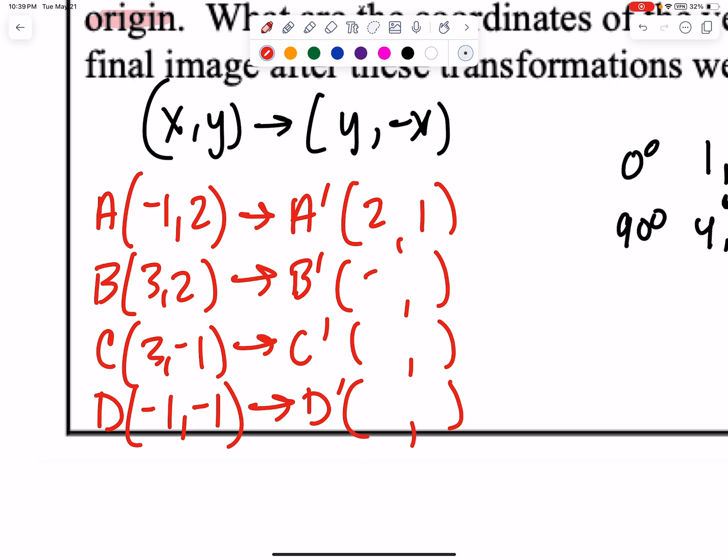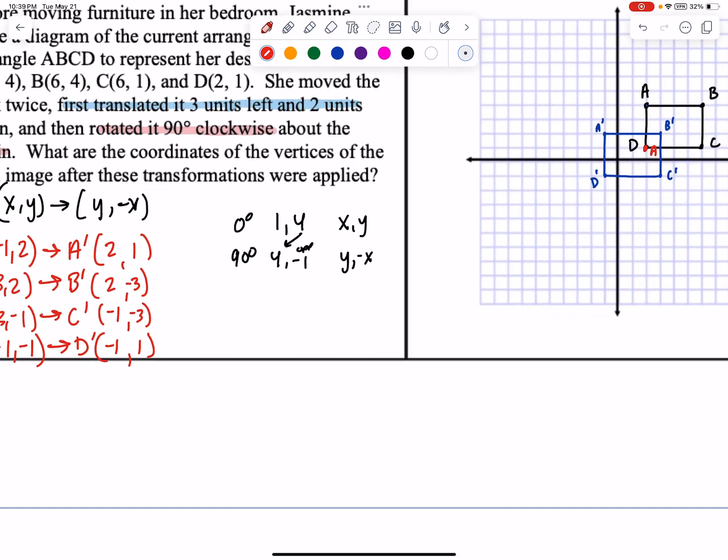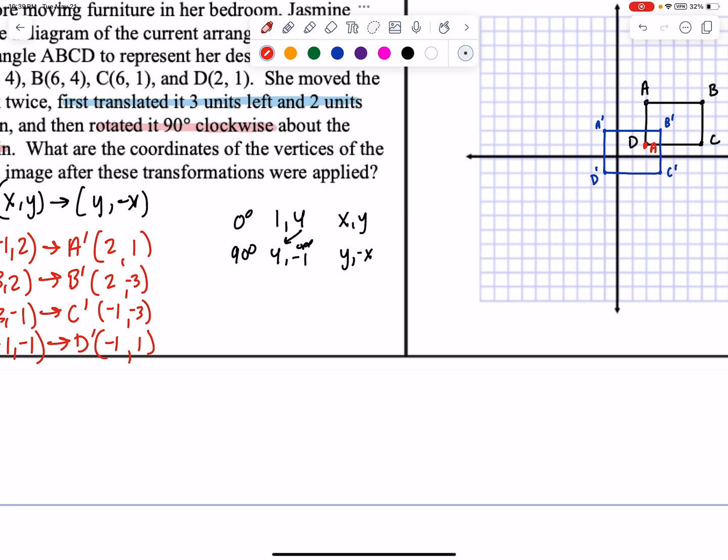The Y moves to the X spot, the 3 becomes opposite. The negative 1 goes to the X spot, and the 3 becomes opposite. The negative 1 goes to the X spot, and the negative 1 becomes the opposite. Okay, so there we go, following the mapping. Now I can plot the points. Sorry about that. Good for you to see, I suppose.